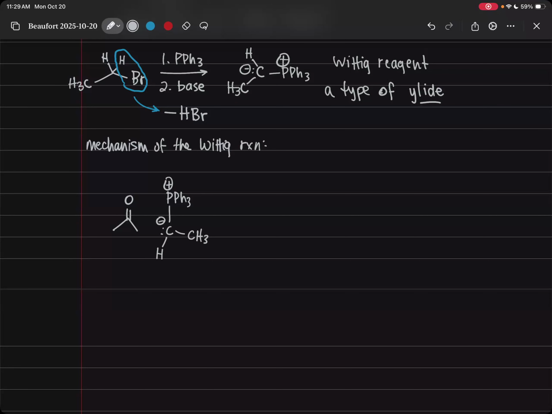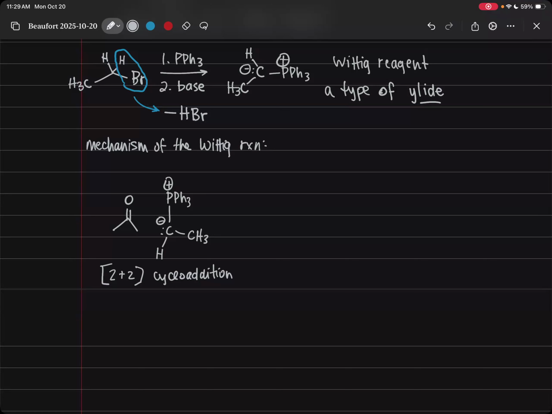So this is actually a 2+2 cycloaddition. And if you remember from our little chart of what things happen, that means we're going to lose one pi bond and form one sigma bond.